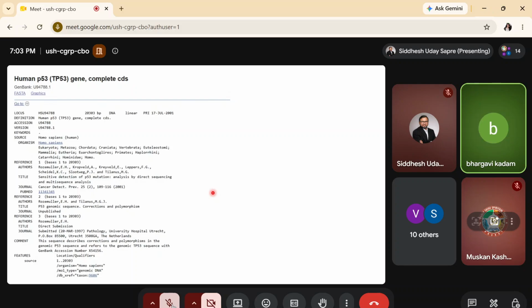Yeah. So the first thing we observe is the accession number, which in our case was U94788. This is a unique identifier, so researchers all around the world can retrieve exactly the same sequence. Next we saw the organism, which was Homo sapiens, and we confirmed it belongs to humans.